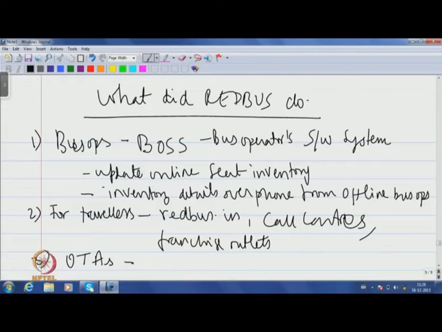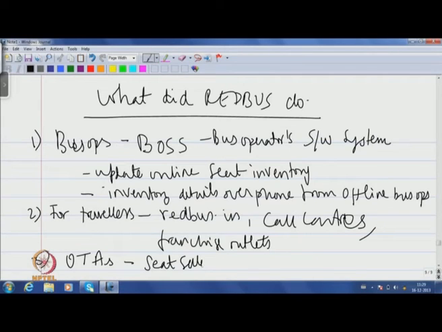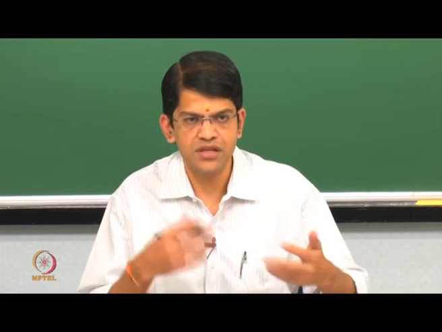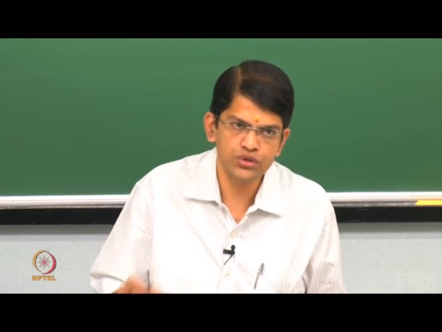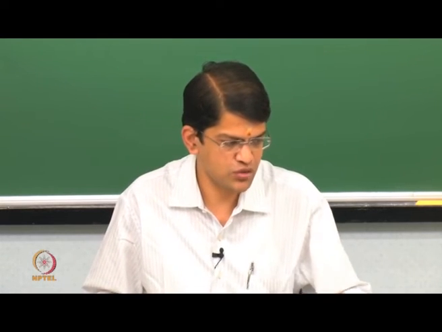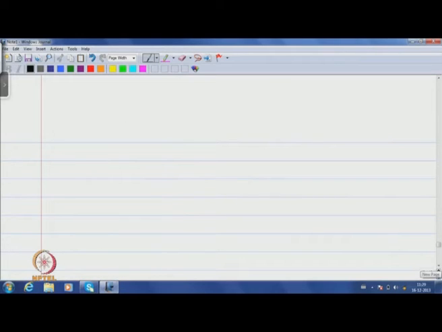Likewise, at that point of time, the major OTAs were Expedia and Yatra.com. To these, Redbus gave a separate application called a seat seller application, loaded in the OTA's website as an additional module in their online portal, so that the OTAs themselves, as part of their tour package, could book bus tickets. This is what Redbus did to change the way bus ticketing operated.